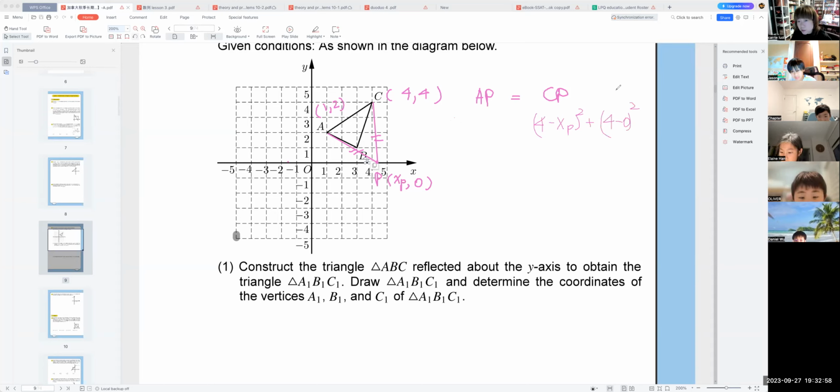I'm not going to use the square root anymore because we're going to take it away anyway. Correct, everybody? Did you write this one? Okay, so AP is the same thing: 1 minus xp squared plus 2 minus 0 squared, correct?